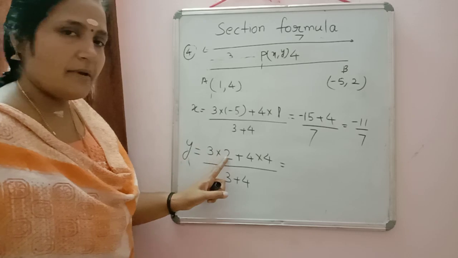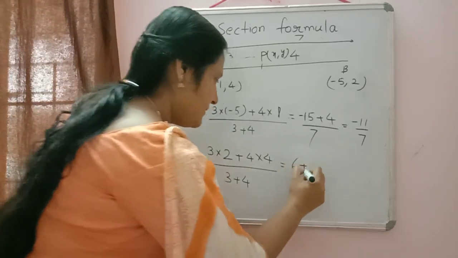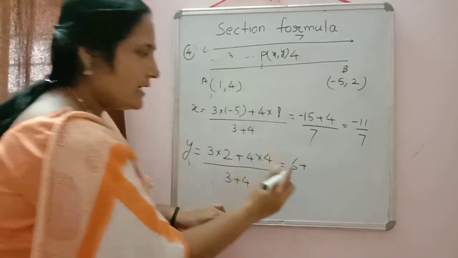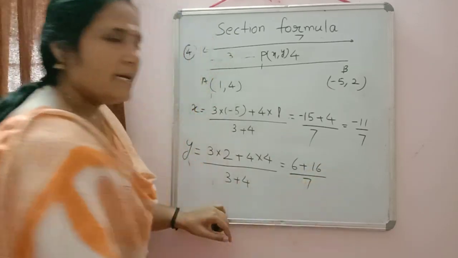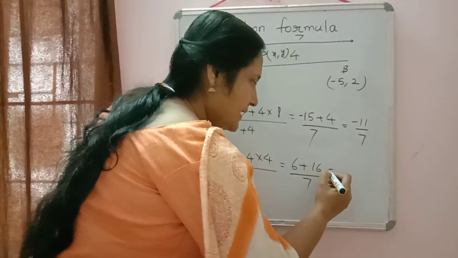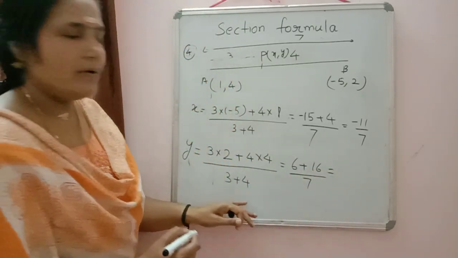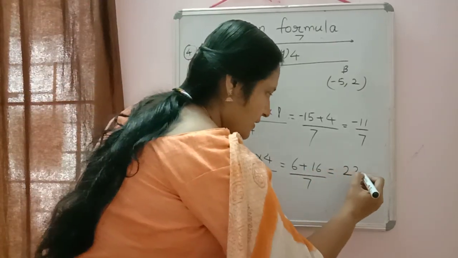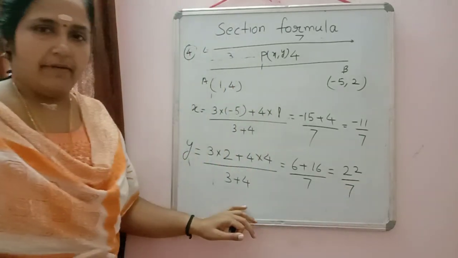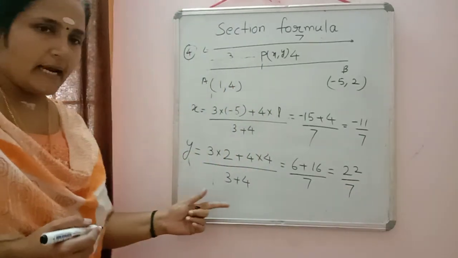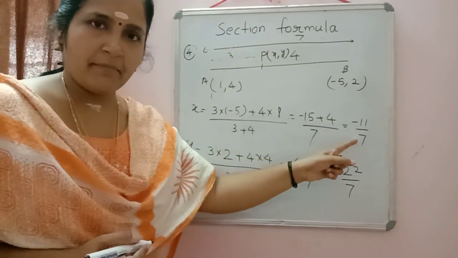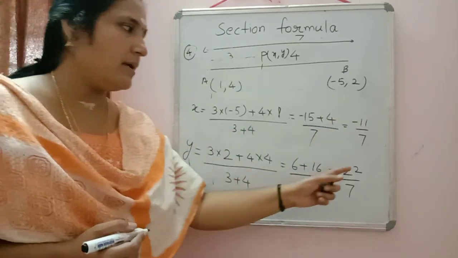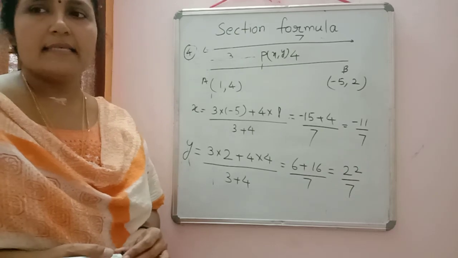So 3 into 2 is 6 plus 4 into 4, 16 by 3 plus 4, 7. And 16 plus 6 is equal to 22, 22 by 7. So once again you can write down the answer here. X is equal to minus 11 by 7 and y is equal to 22 by 7.